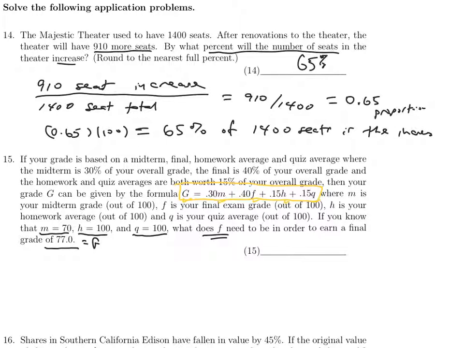So in this kind of problem, the first thing I need to do is rewrite my equation using the numbers that I'm given. So instead of G, I have 77.